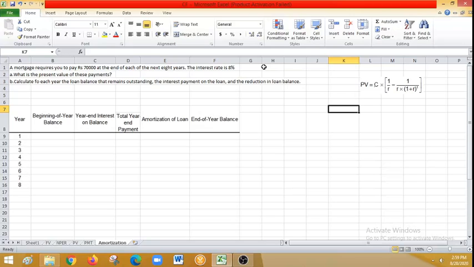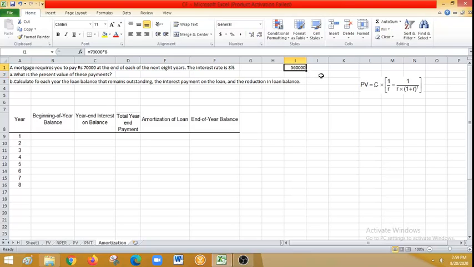So 70 multiplied by 8 is 560. So it is going to be 5,60,000 you are paying. The total amount that you are going to pay for this mortgage loan is 70,000 into 8 years. So you are going to pay 5,60,000 rupees.